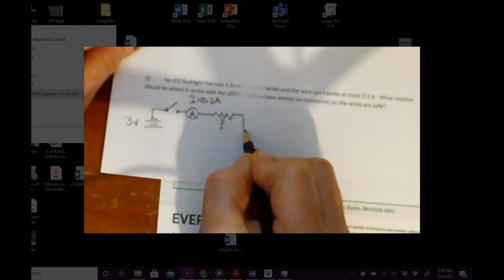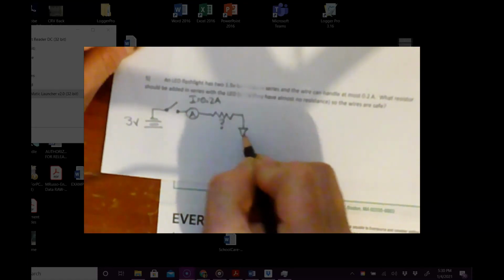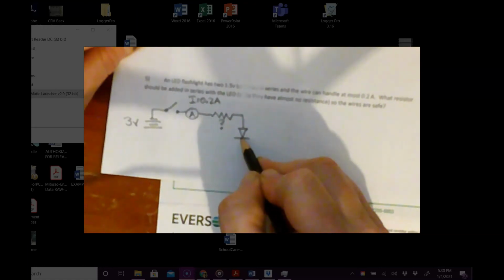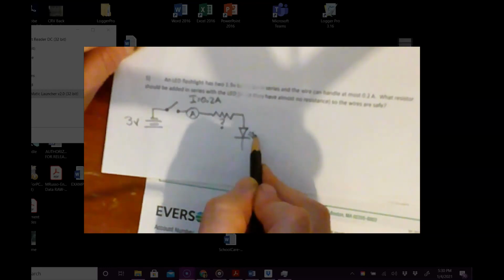And if you don't know the symbol for an LED, here you go, right? So it shows if I'm an electron, I can go this way through the LED, but if I turn around and try to go back, I hit the wall. That's how I kind of remember. And then LEDs also have the little light symbols coming off, right? Because without these, this is a diode, which still behaves electrically the same, just doesn't give off light.